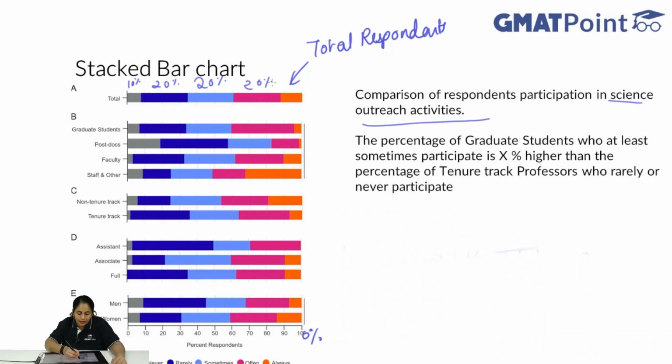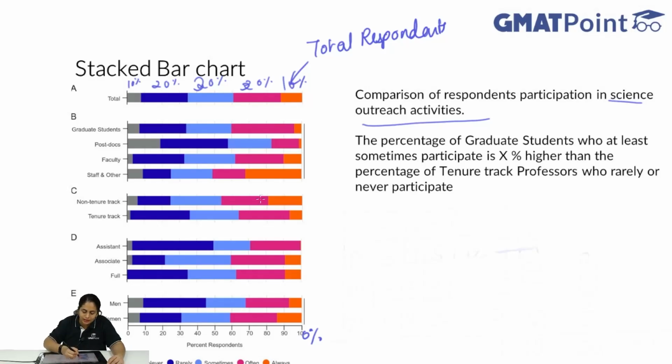Another 20% or more have said, so this would be I think 30 and this is also 30. So around 30 and 30 have said that they participate often in science outreach activities, and finally another 10% has said that they always participate in science outreach activities.